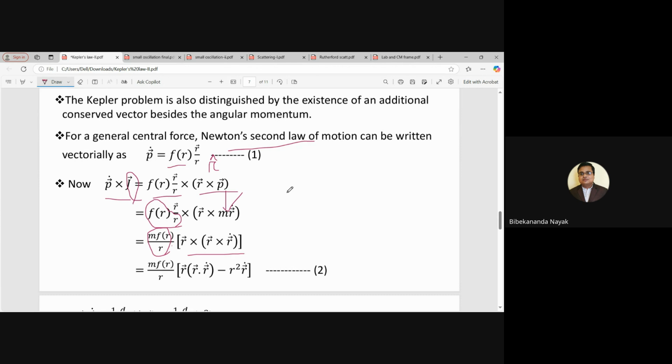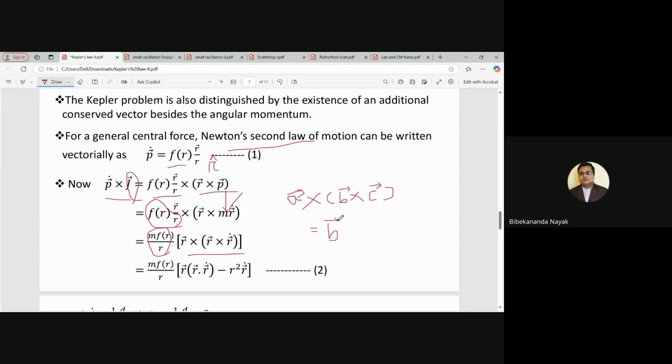This is the vector triple product from your vector identities in mathematical physics. It is commonly called the back-cab rule.